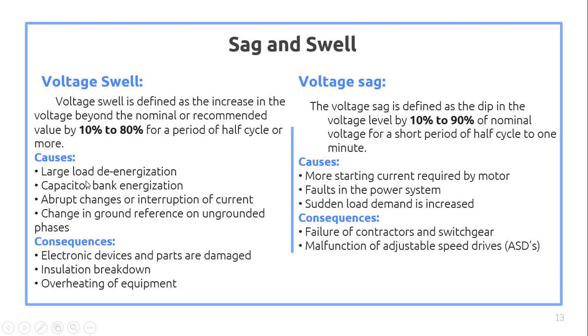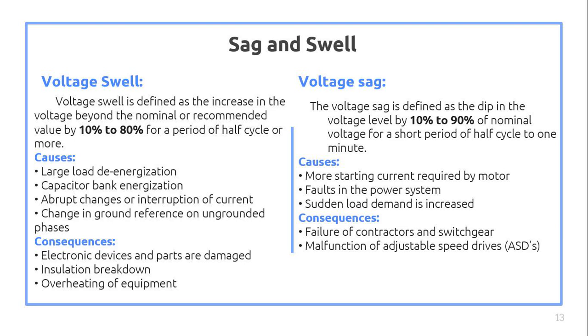Causes of voltage swell are large load de-energization, capacitor bank energization, abrupt changes in or interruption of current, change in ground reference on ungrounded phases. The consequences of voltage swells are electronic devices and parts being damaged, insulation breakdown, overheating of the equipment.